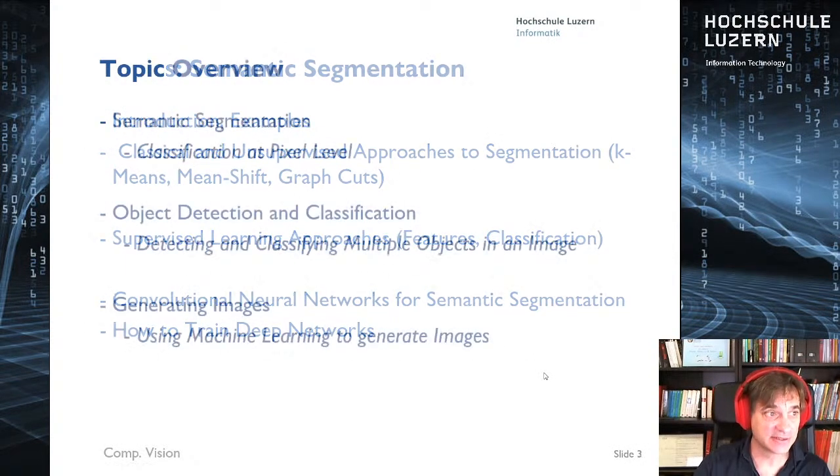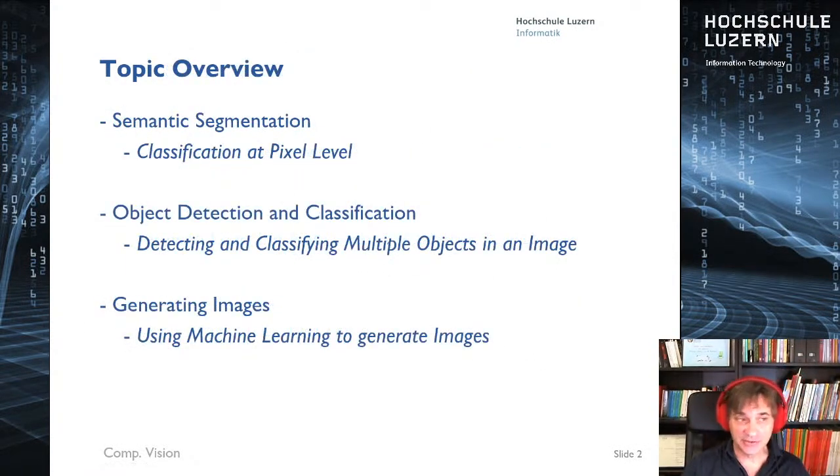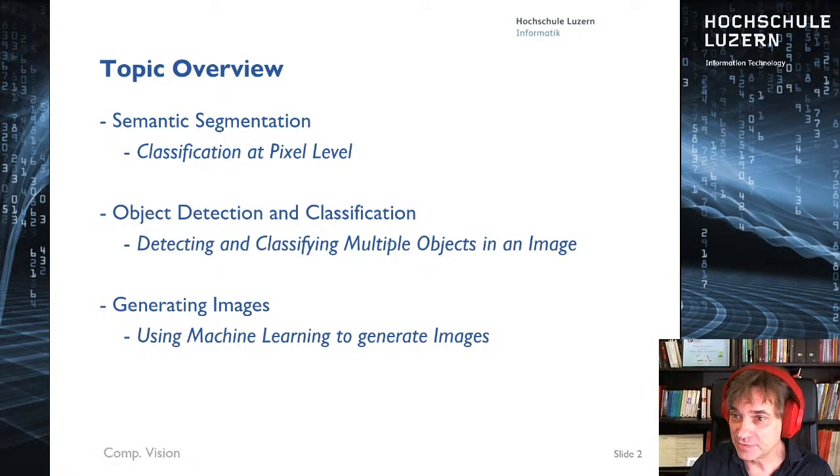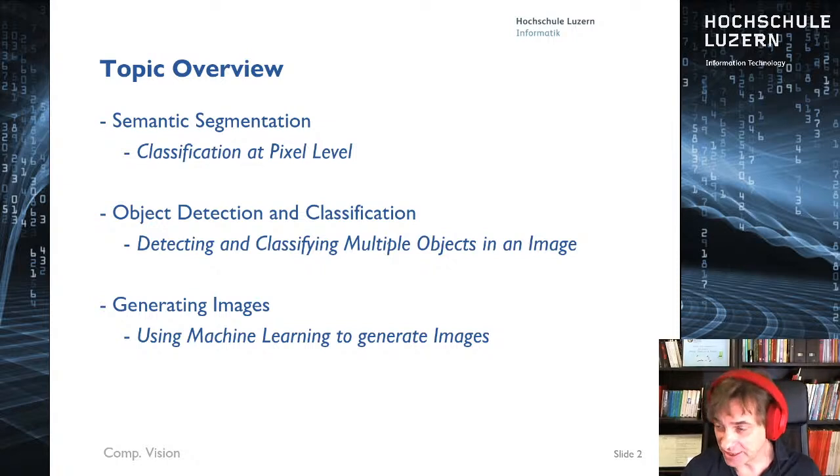The first topic today will be semantic segmentation. But I would also like to quickly outline what we're going to do for the rest of the course. We will have three main topics. The first one is this semantic segmentation. Then we will have a topic of object detection and classification.